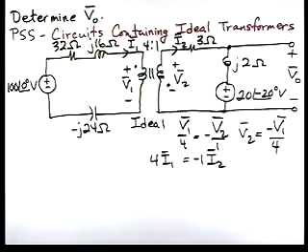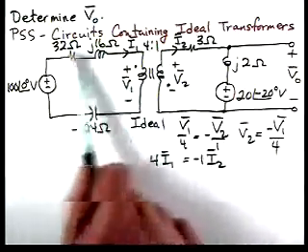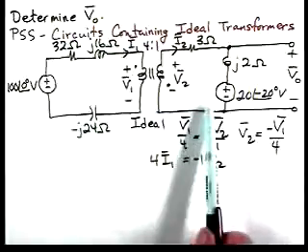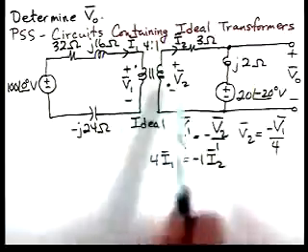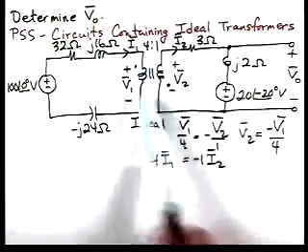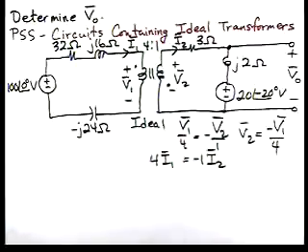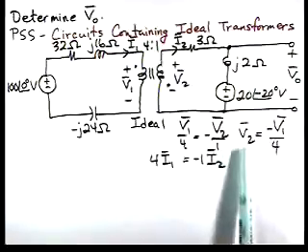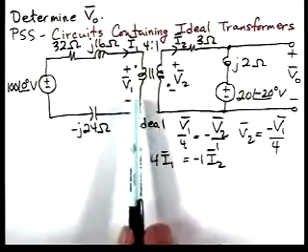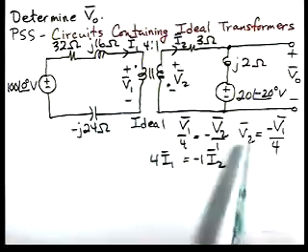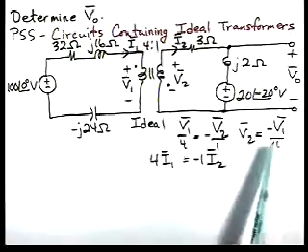Now, we need to find the voltage V0. What we're going to do is reflect all these elements through the ideal transformer and eliminate that, and then we'll do the analysis on this side of the ideal transformer. So, let's look, for instance, at this expression. If I have a voltage over here, I'm going to have V2 on this side be minus V1 over 4.